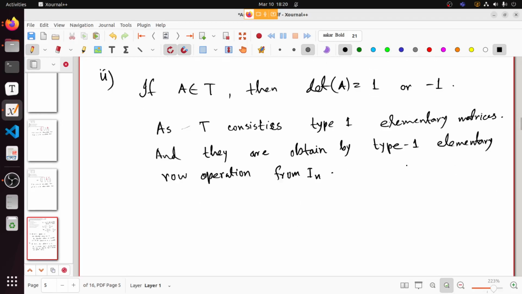So what are the type 1 elementary row operations? They are just the interchanging of rows.